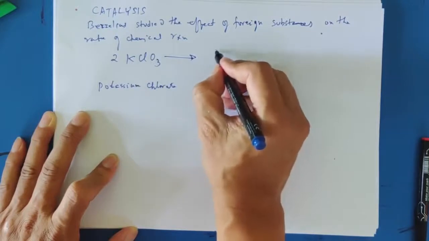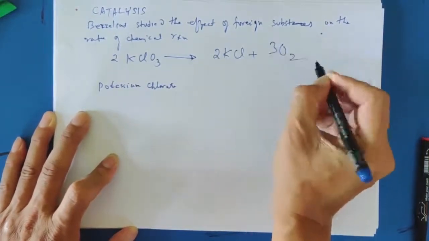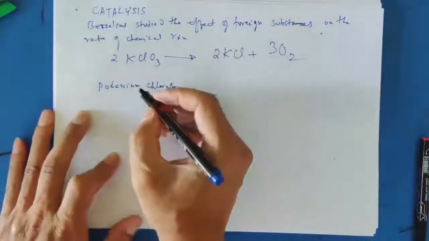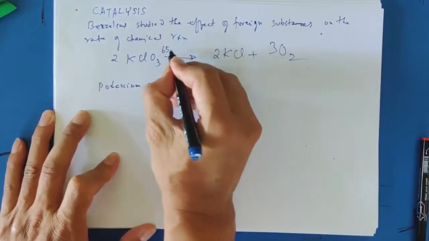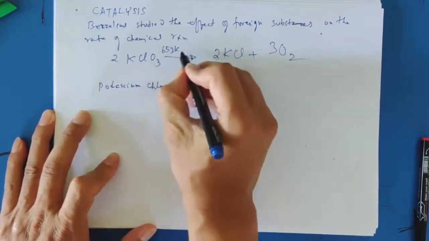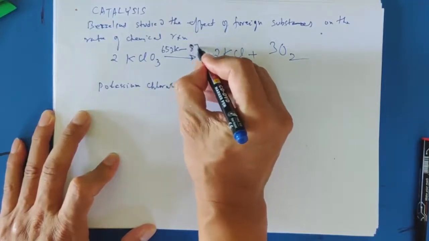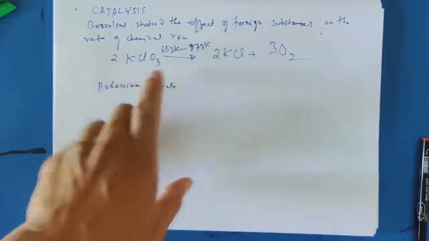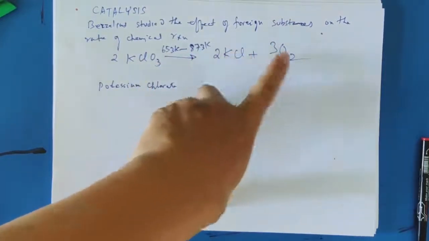Two molecules, products are KCl plus 3O2. At 653 Kelvin on heating, the products form; at 873 Kelvin the chlorate dissociates and gives the products.